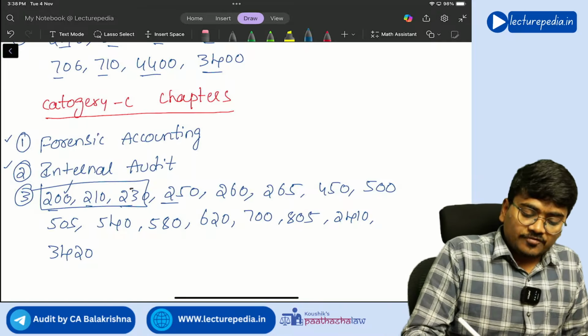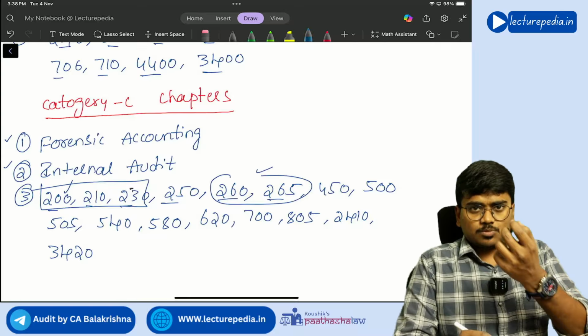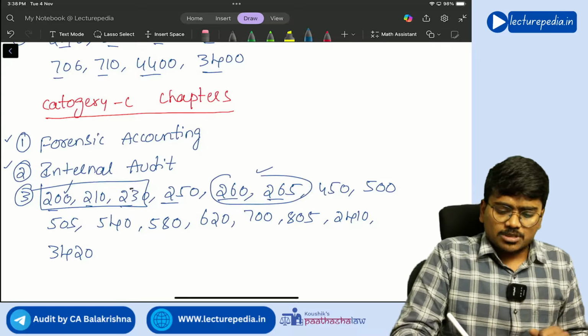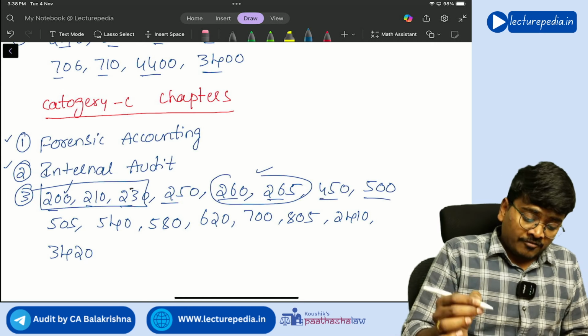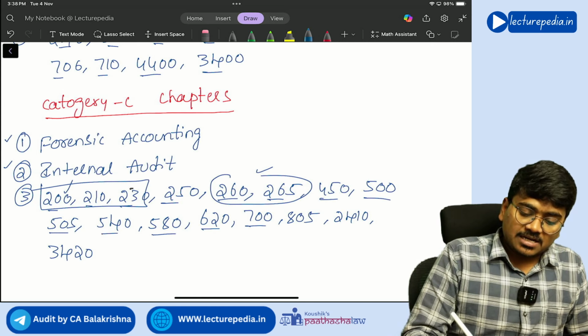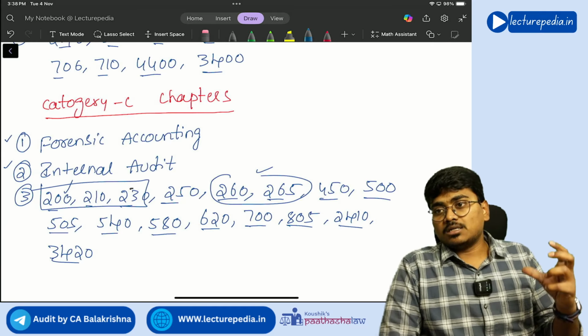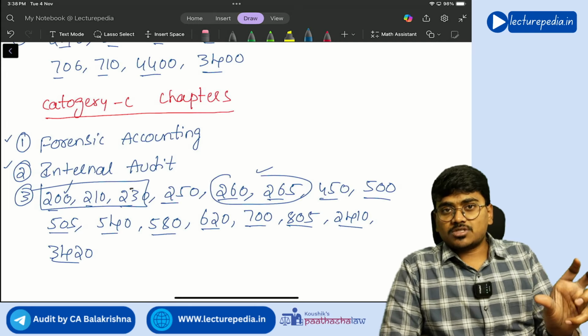Next, 250, 260, 265, they are very small standards, negligible standards. Next, 450, 500, 505, 540, 580, 620, 700, 805, 2014 and 3420. These are category C chapters.